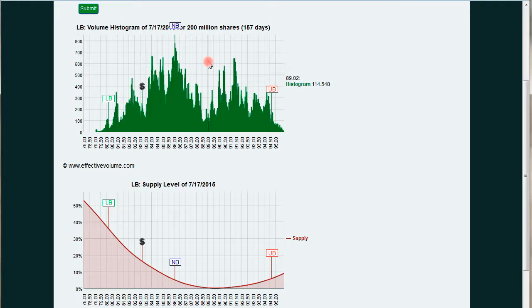As a reminder, here you have a volume histogram of the last 200 million shares that have been traded for about 160 days. Here the dollar mark is the last close. You have the LB, UB and NB, which are the active boundaries, which basically define the trend. This is the lower level of the trend. This is the higher level of the trend.